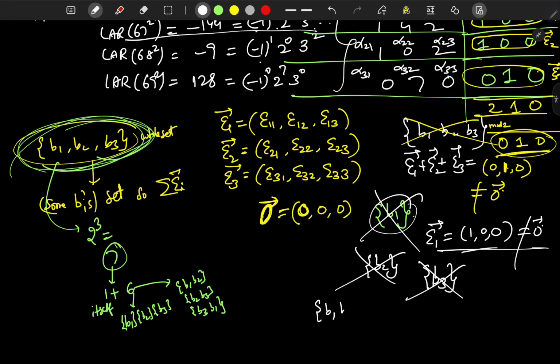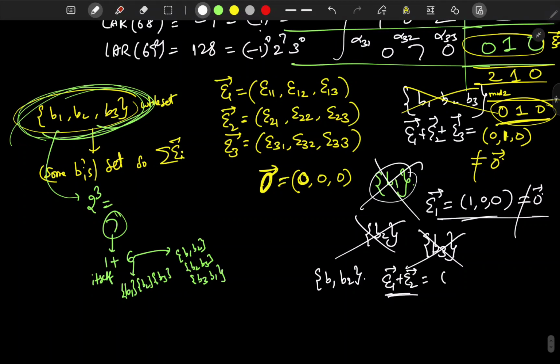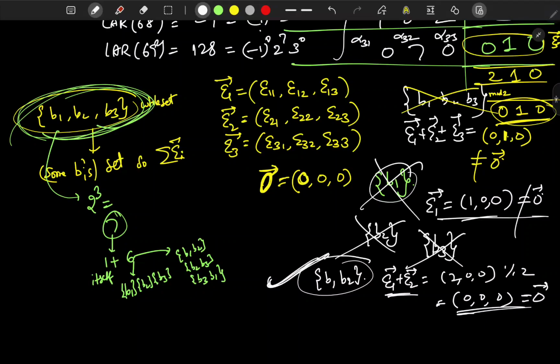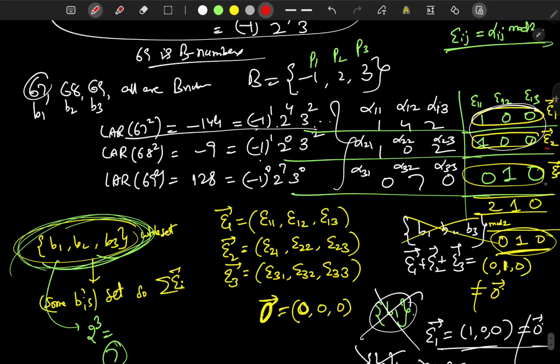Now select B1 and B2. You just add up the epsilon 1 vector plus the epsilon 2 vector. That becomes 2 0 0, apply mod 2, and it becomes 0 0 0. Yes, it is a 0 vector, so this set is considered. Similarly you can check the remaining. If you take B2 and B3 and add them, you get 1 1 0, which is not equal to 0 0 0.